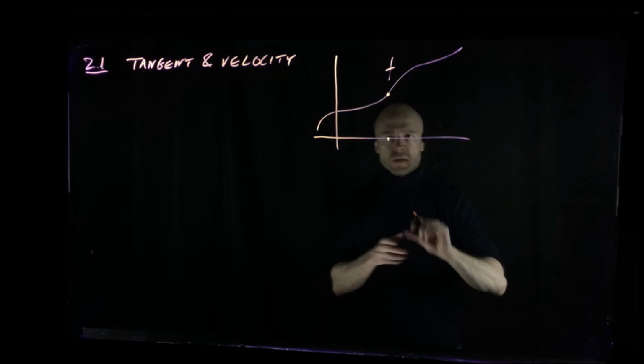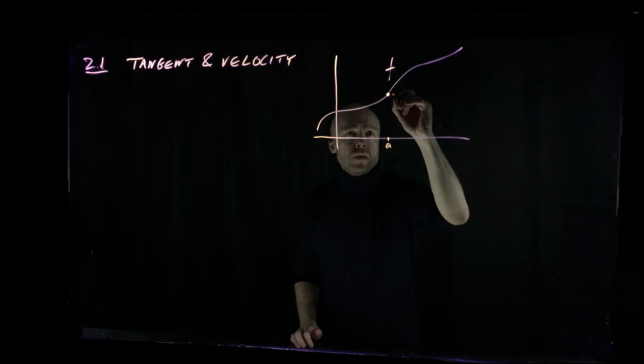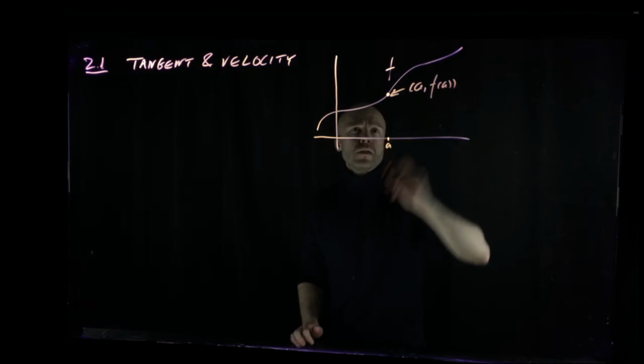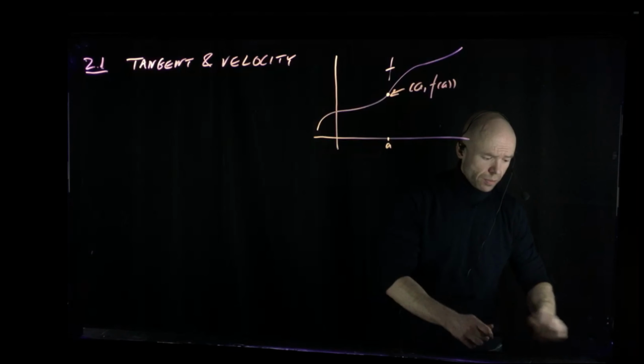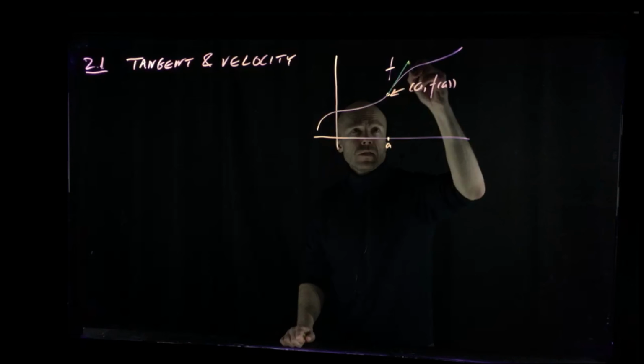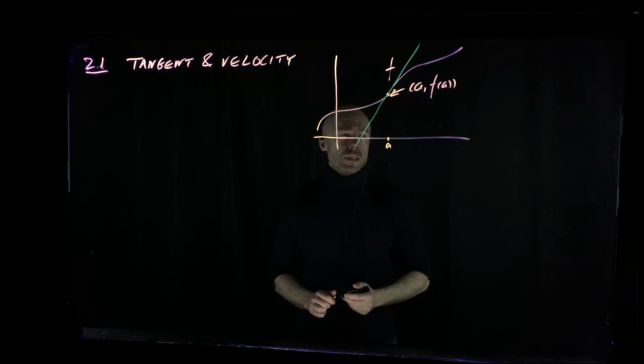We might want to find the tangent line that goes through this point right here, which has got coordinates a, f of a, that has the same slope as the graph of the function at that point. So it's going to look something like this. Okay, that's finding a tangent line.